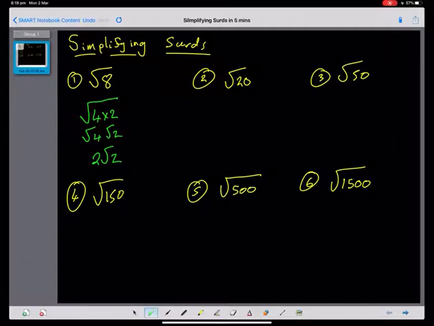Okay, so if you haven't paused the video now, pause the video and do questions 2 to 6. Okay, so hopefully you've paused the video. So let's write 4 times 5 gives 20, root 4, root 5, 2 root 5.